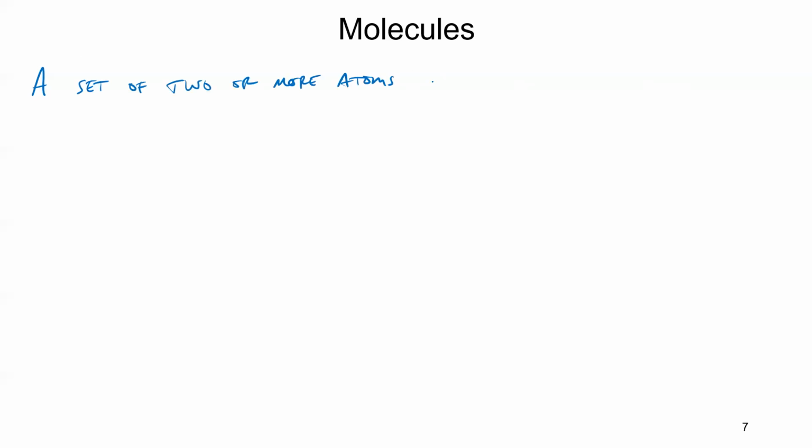One of the things that we require, just like H2O is always 2 H's and an O, it's also always the same structure. And so these two or more atoms, they have to be in a definite arrangement. 2 or more atoms in a definite arrangement.